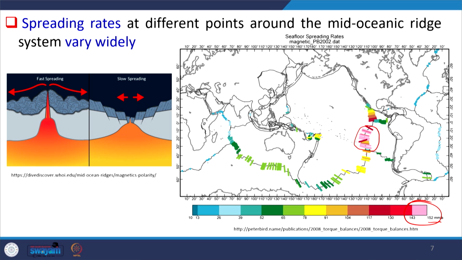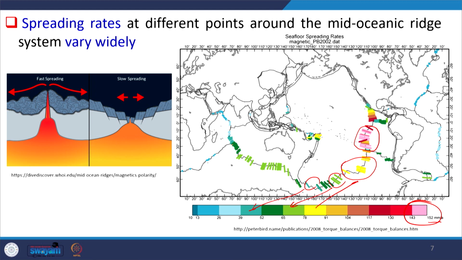Similarly, the same East Pacific rise is here, however, you see it is decreasing, this color code is yellow, and similarly here it is again decreasing, here it is again decreasing. So, that means even along one ridge, the rate of spreading at different parts of the ridge is different.